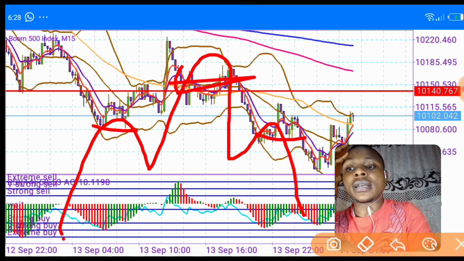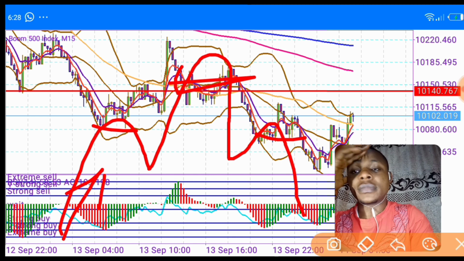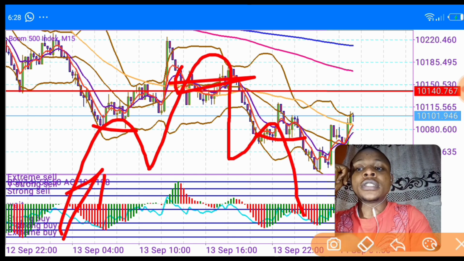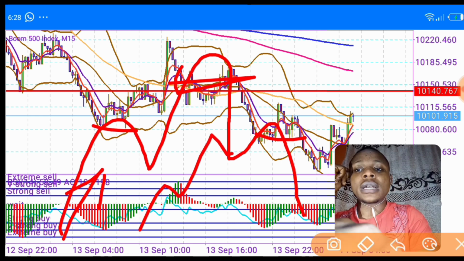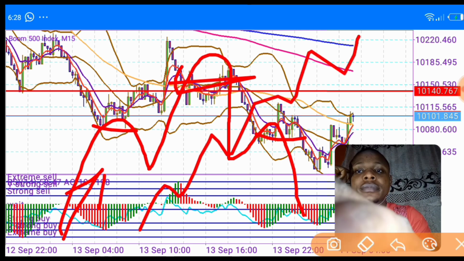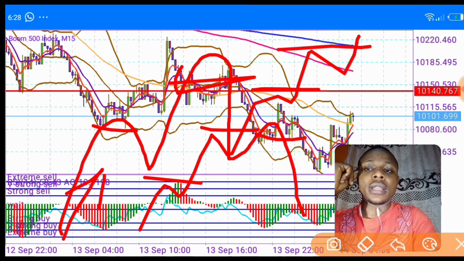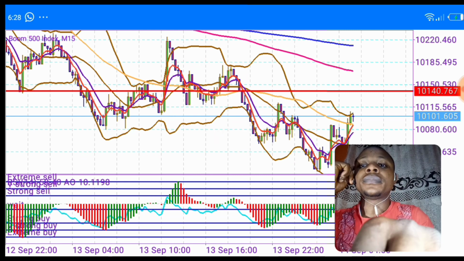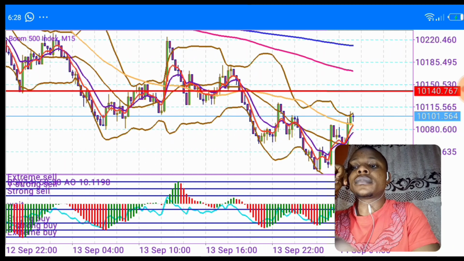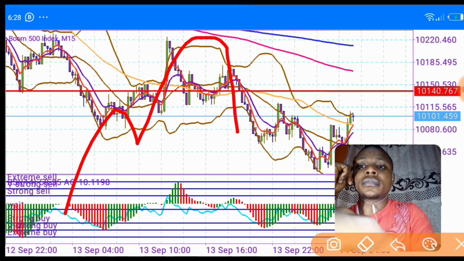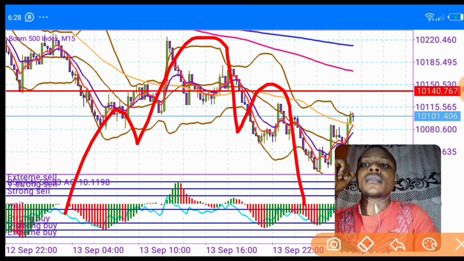The market has been buying over here. It has been on an uptrend. You know, a normal uptrend should be a zigzag formation like this, forming new highs like that.